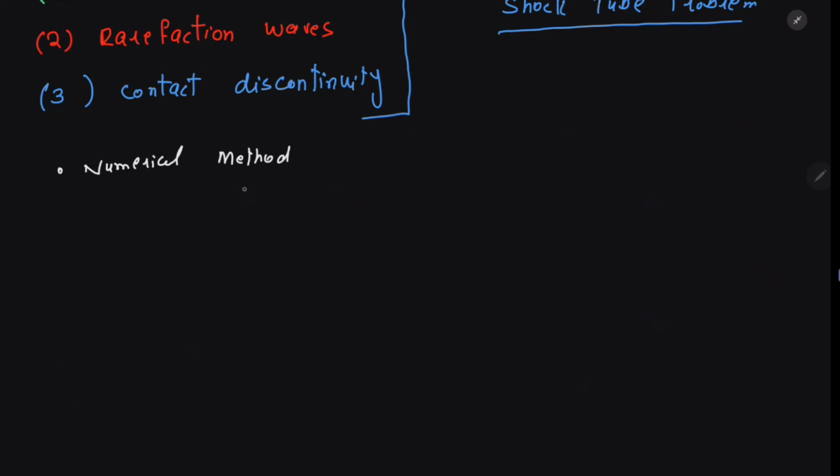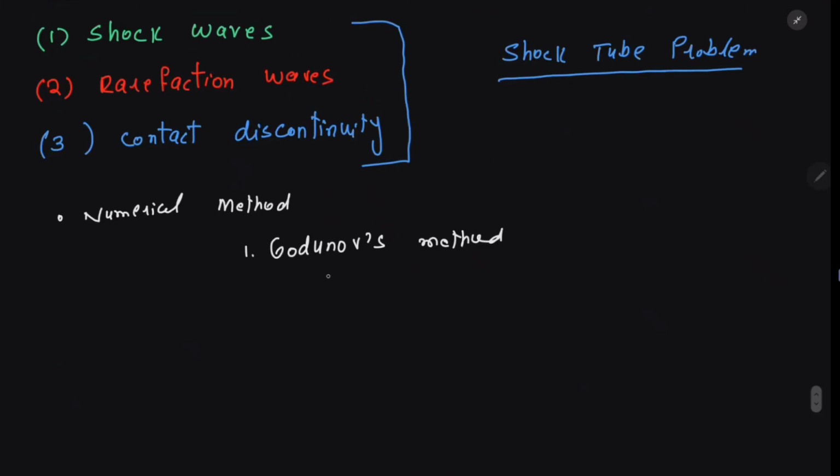For example, there is one famous scheme in the finite volume method which is called Godunov's method, which is actually a generalization of the Riemann problem.